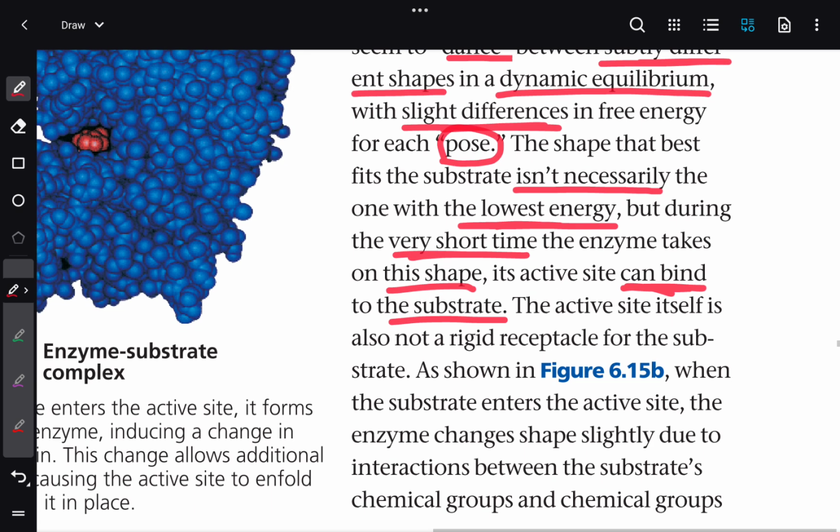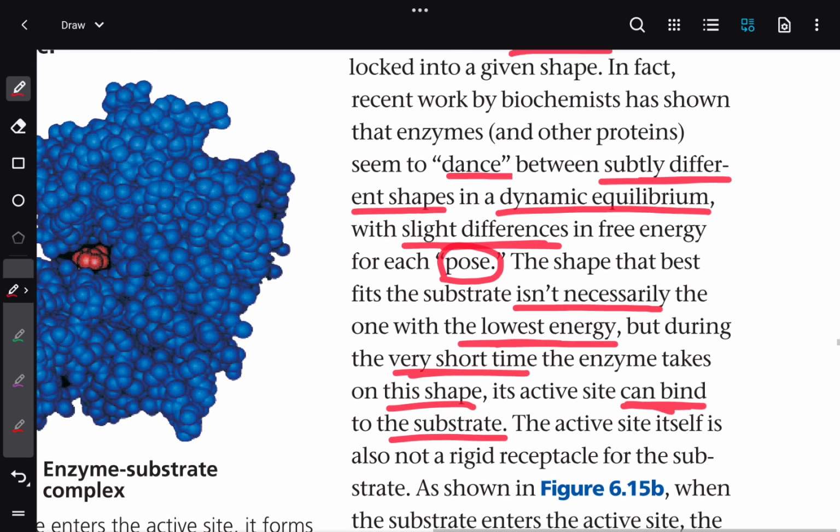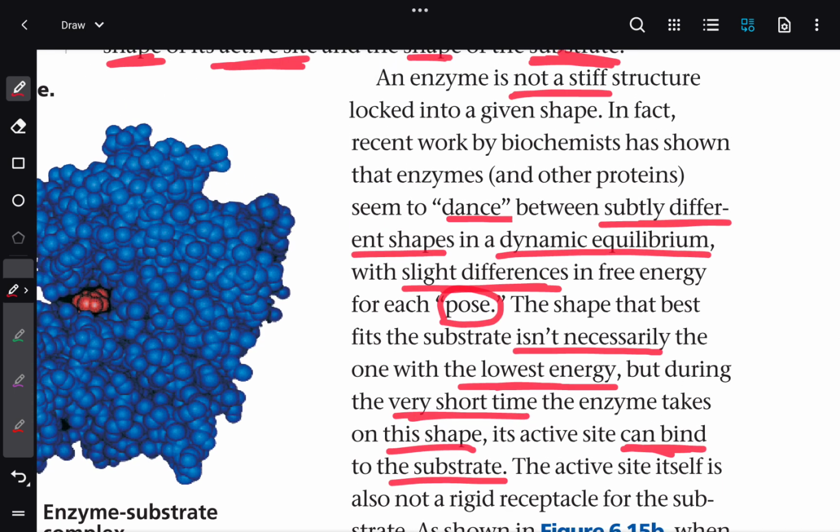Okay, it's not necessarily related to energy. It's that this 3D shape configuration of the protein changes dynamically.